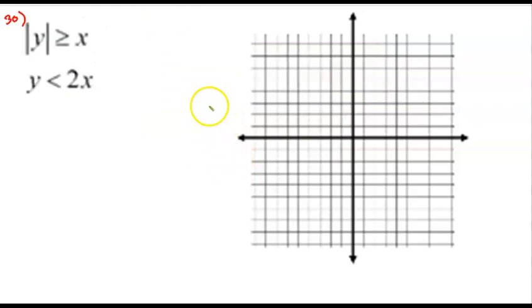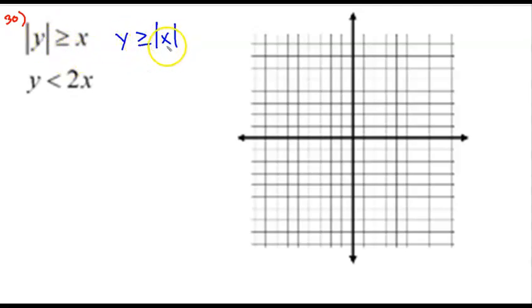Here's number 30. This is kind of odd, number 30, because normally, what's normal is to see this as y is greater than or equal to the absolute value of x. So this is not something I would test or quiz you on, but just in case you want to know.